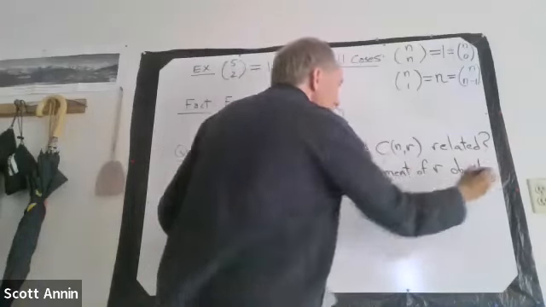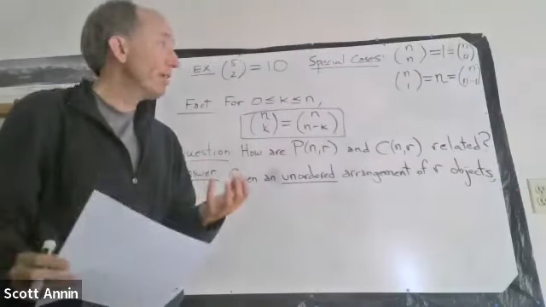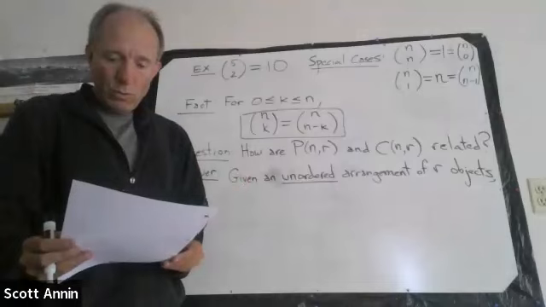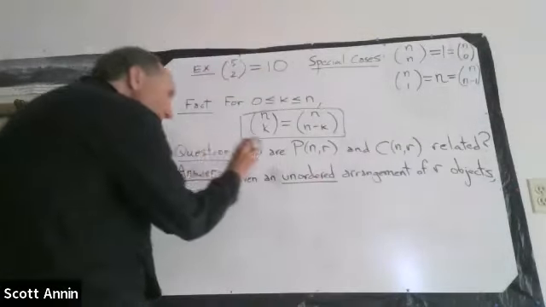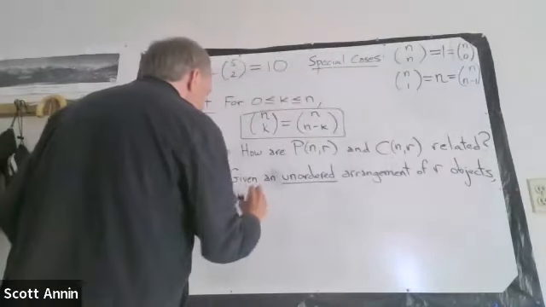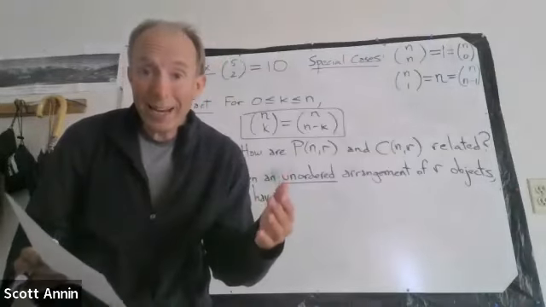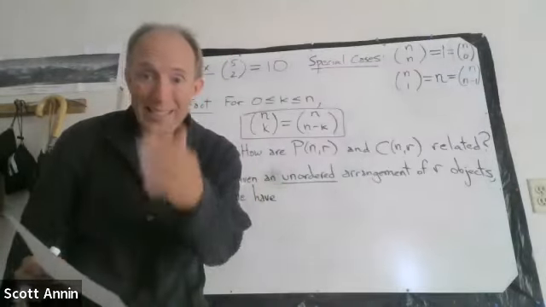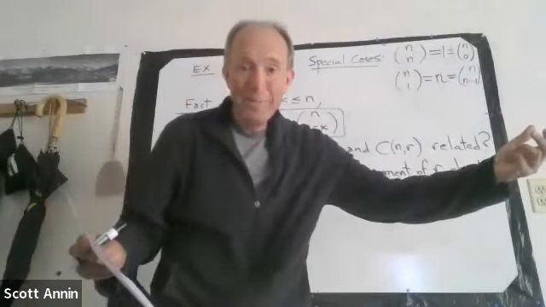So let's suppose that we have chosen R objects, but we have not yet put them in order, right? What if we would then want to put them in order? Given this unordered arrangement of R objects, if we're going to put them in order, we're going to make slots. We're going to have a first slot, a second slot, a third slot, a fourth slot. They're going to go in order now.